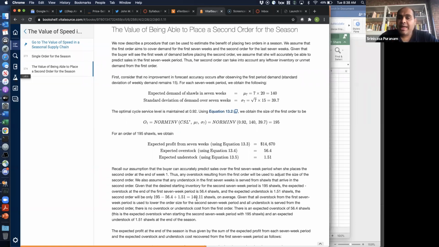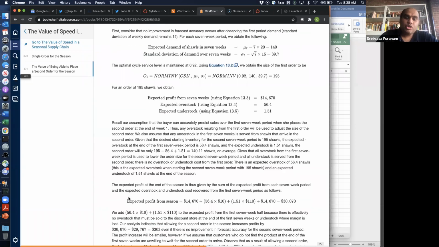So because you're doing that on average, when you calculate the total expected profit from the season, you don't just add the $14,670 for the whole season. In this $14,670 for the second half of the season, you have included some extra understocking and overstocking costs, because you don't have an idea of exactly what's going to happen in the first 7 weeks.